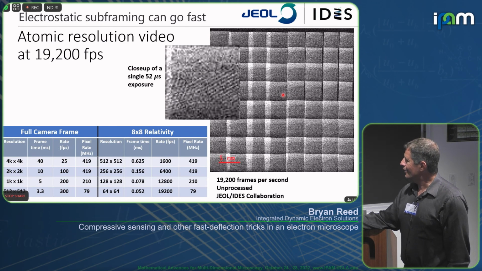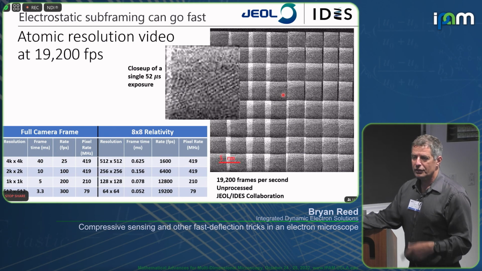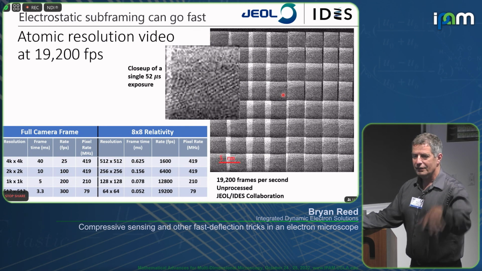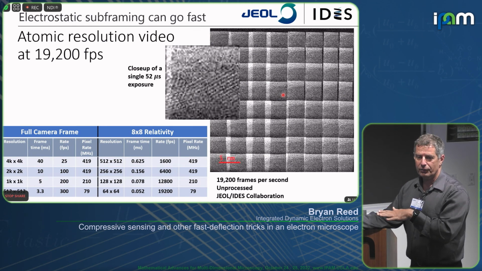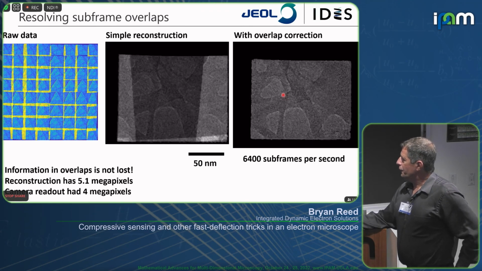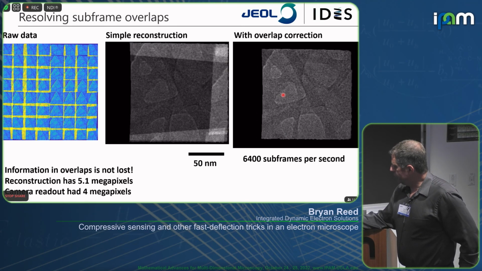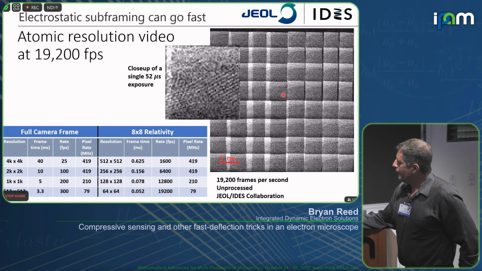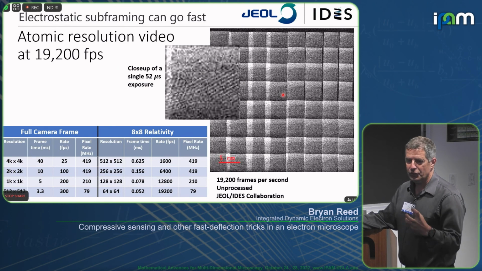So yeah, that's fun. So this is unprocessed. That's what's coming straight off the camera, and we can do this continuously. We just synchronize, and this is not using compressive sensing. You'll notice that a lot of these frames are partially overlapped. We're trying to make the most use of the camera.